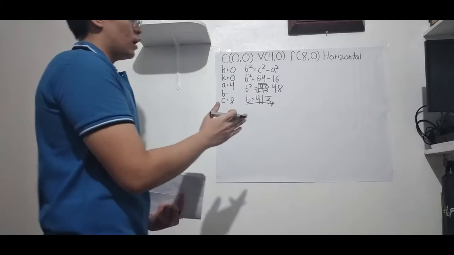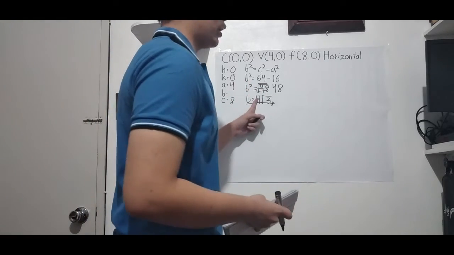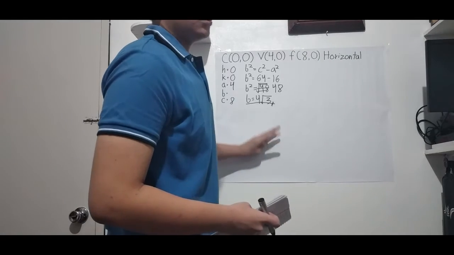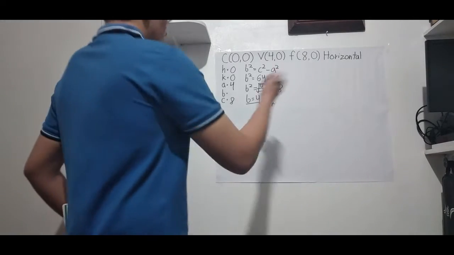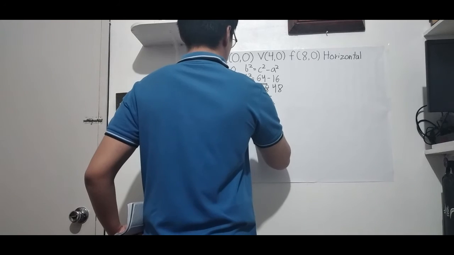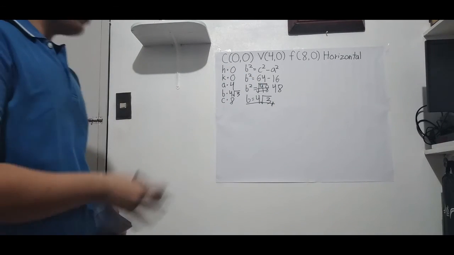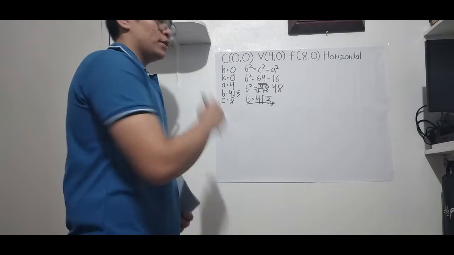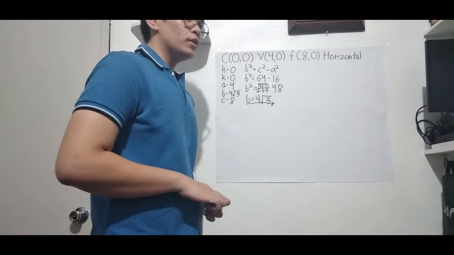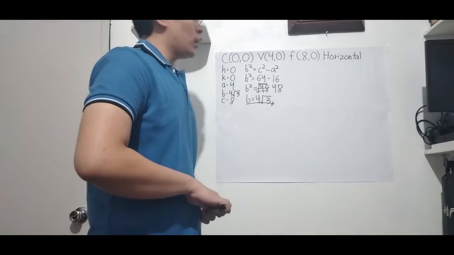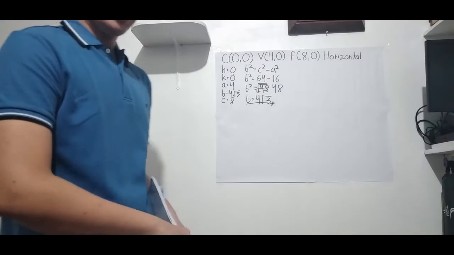Don't mind this; I just made it so I wouldn't have to write 48 again, because I have really small space. Then we write here 4 square root of 3. So now we found our h, k, a, b, and c, and we can solve for the standard equation.